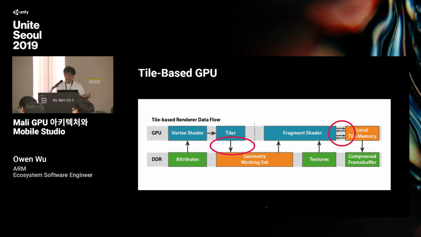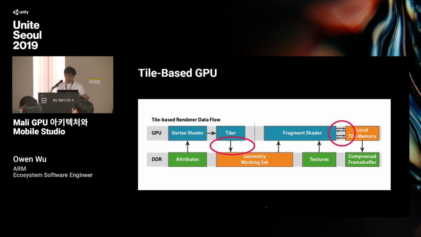As you can see from the picture, tile-based rendering moves the memory access to the tile memory instead of external memory, and this is much faster and more energy efficient.